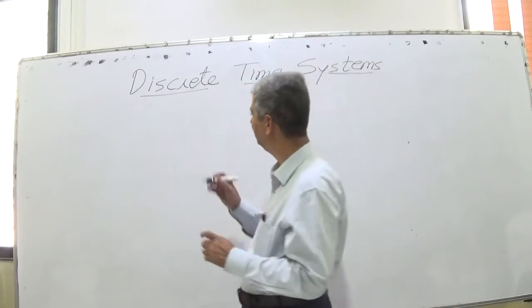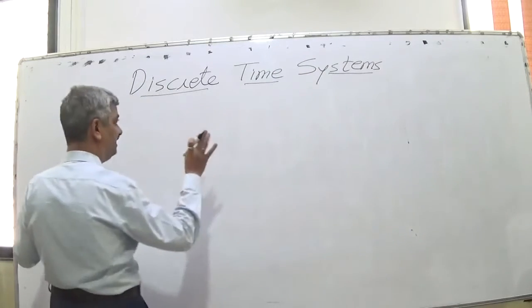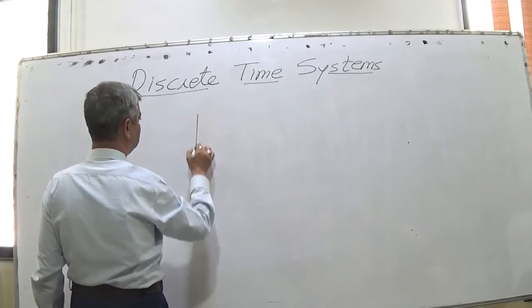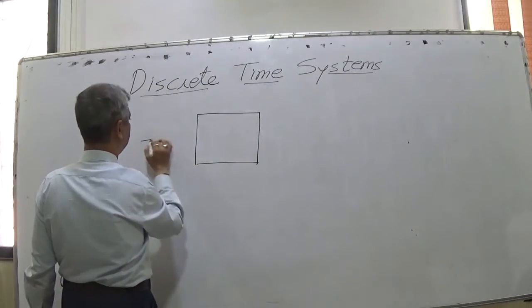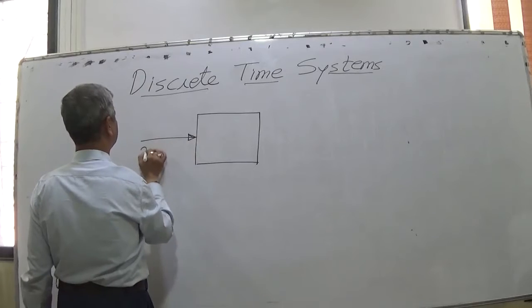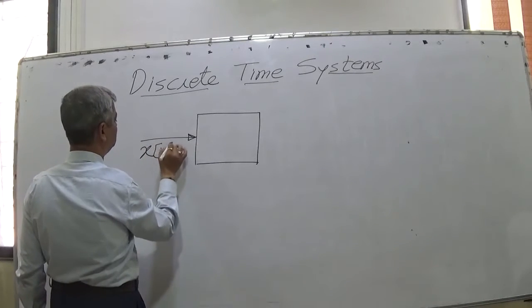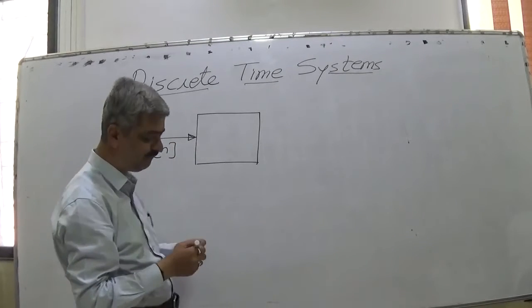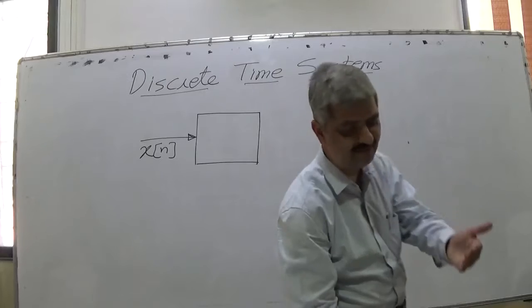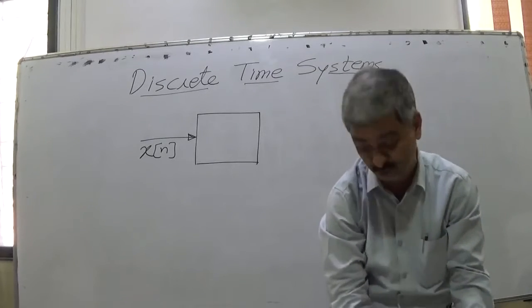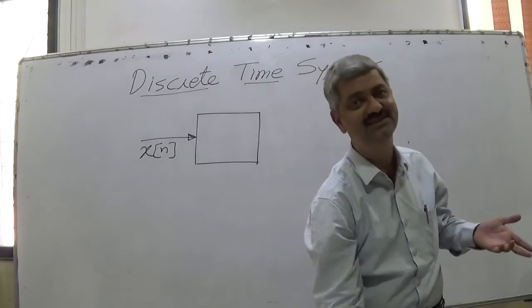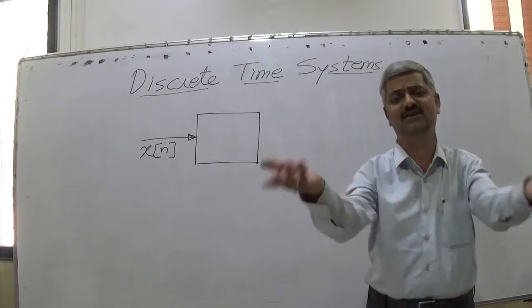So when we say discrete time systems, they consist of an input sequence xn, which is the sampled version of some physical phenomenon, or which can be hypothetical also. Now, as a sequence, you can generate any sequence.